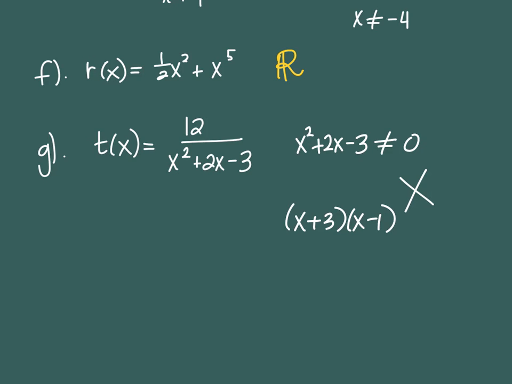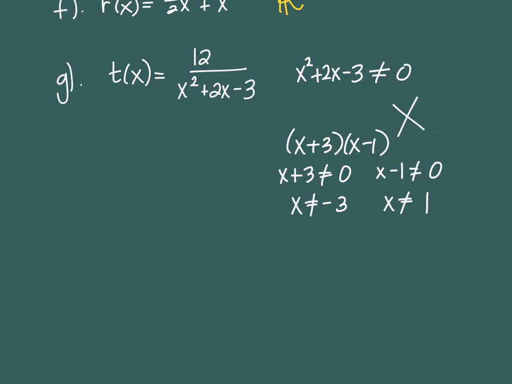What do we do with both of those? Last chapter we set them equal to 0. What do you think we have to do now? Not equal to 0. So x plus 3 not equal to 0, x minus 1 not equal to 0. So x cannot be equal to negative 3, and x cannot be equal to 1.